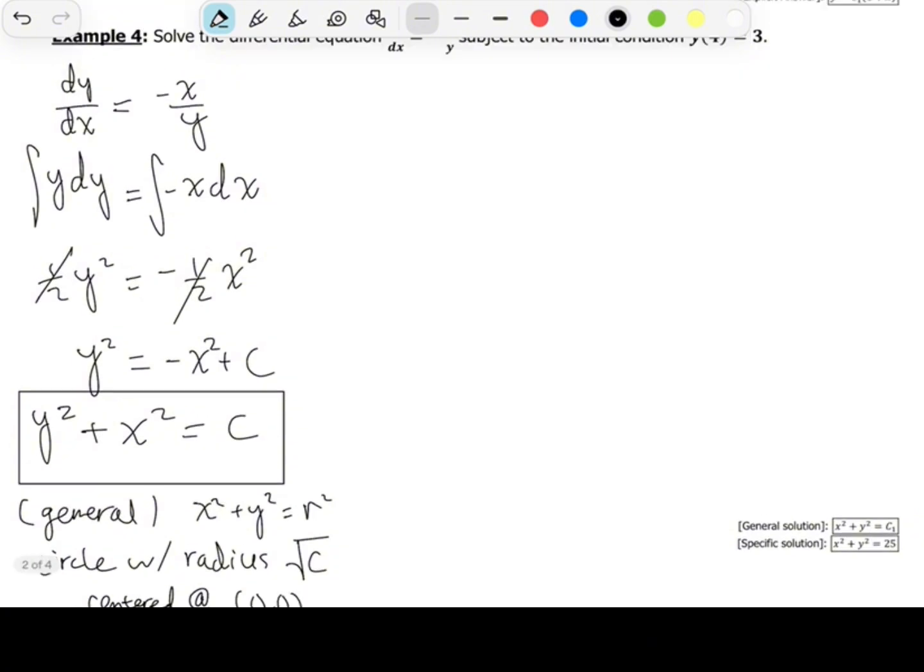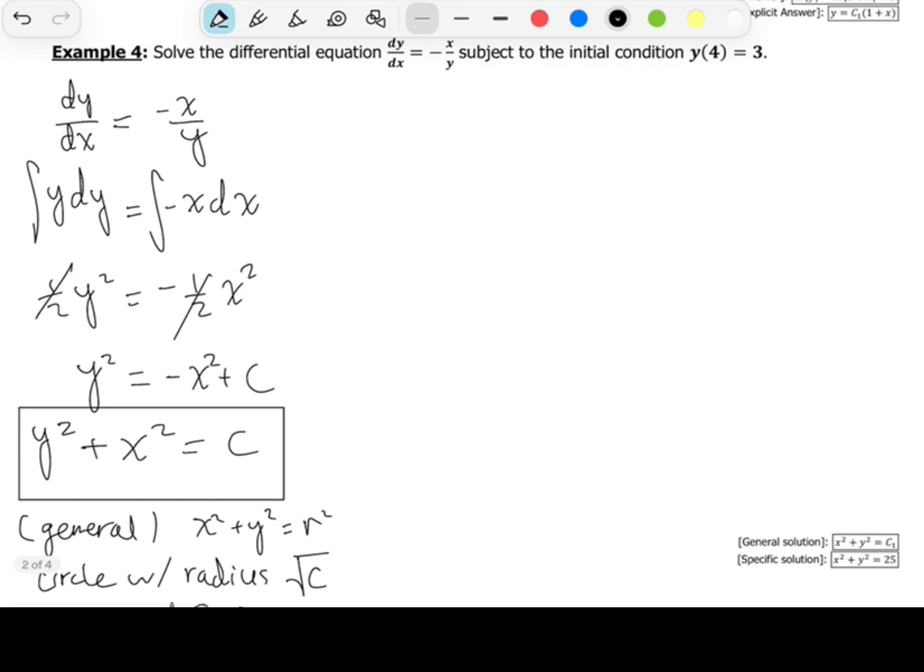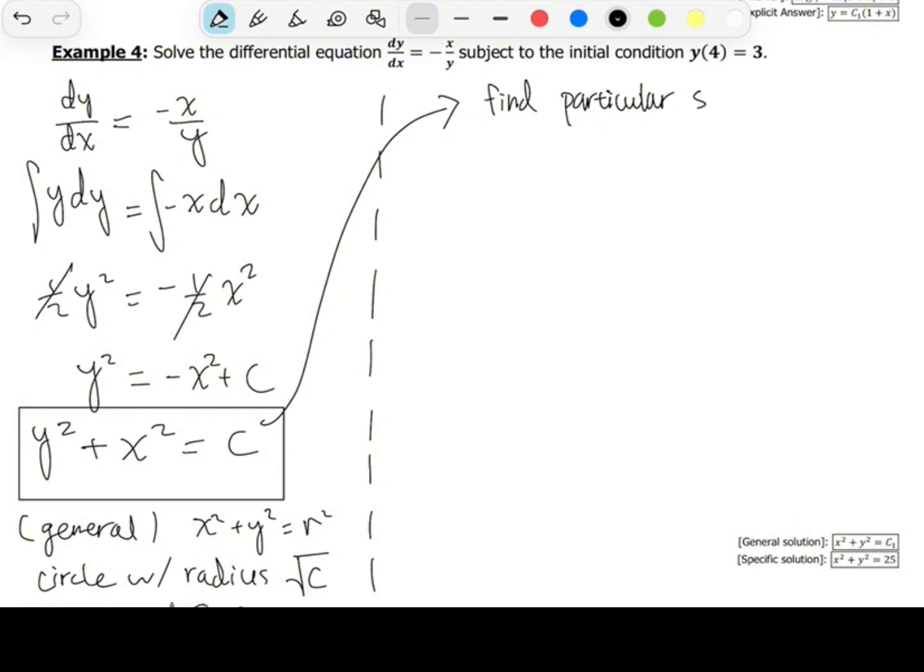But now, since it gave us an initial condition, it wants us to find the particular solution. Wants us to solve for the c. We can do that, that's not bad. We're given that we have this point, x equals 4, y equals 3.